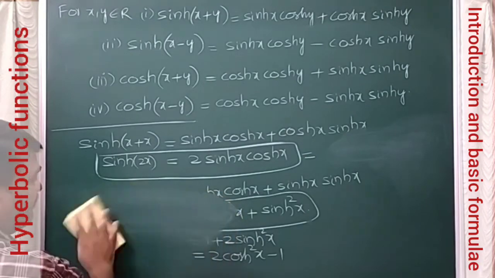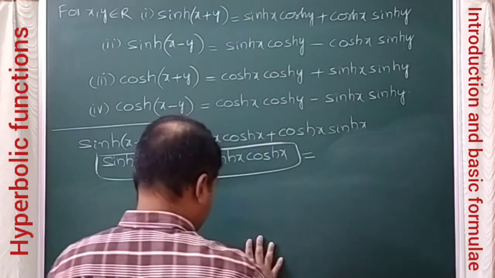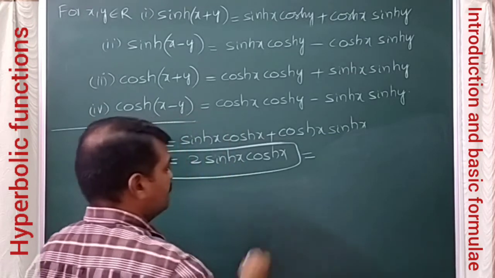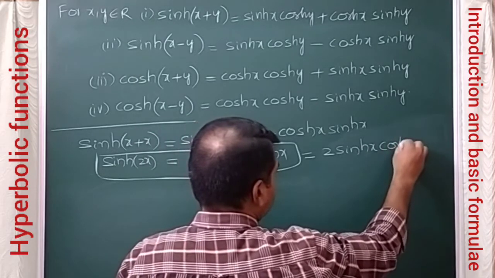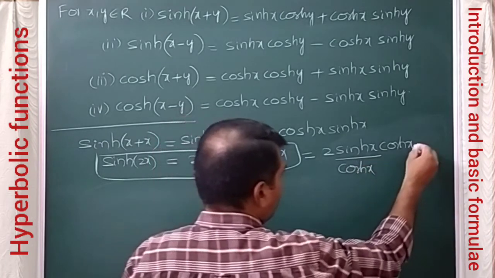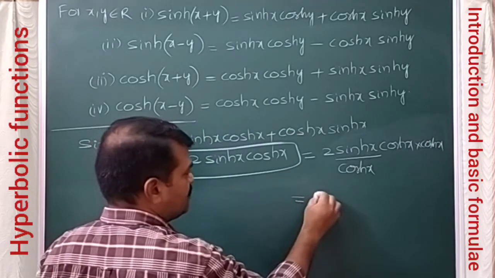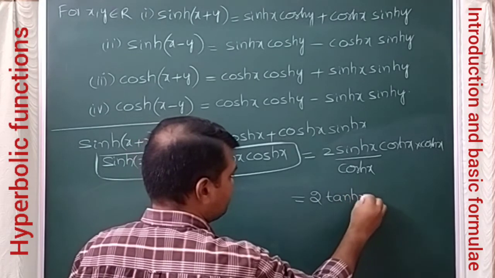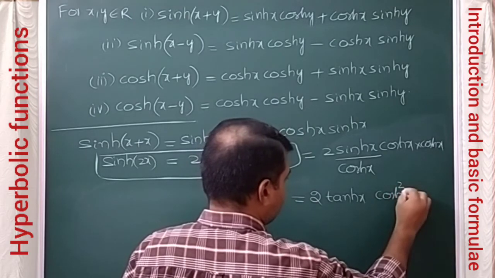So I'll just take out this formula and derive it here. 2 sinh x cosh x, divide and multiply by cosh x. So 2 sinh x by cosh x means tanh x, and cosh x into cosh x means cosh square x.